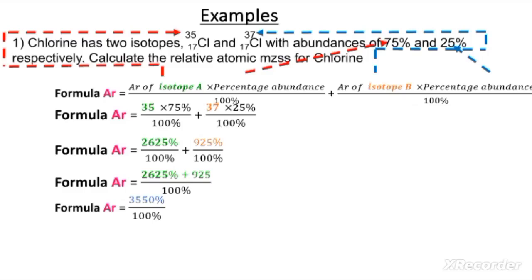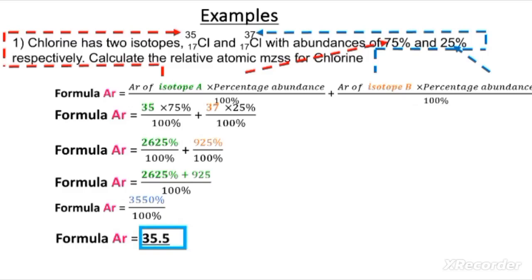So if we say 3,550 divided by 100, we are going to get 35.5. So this is our relative atomic mass of chlorine. As we can see, we have successfully managed to find the relative atomic mass of this element, which is chlorine. Let us move to the next example.